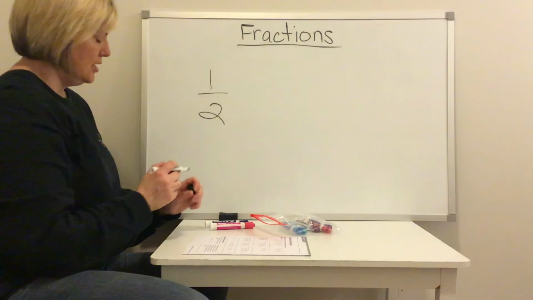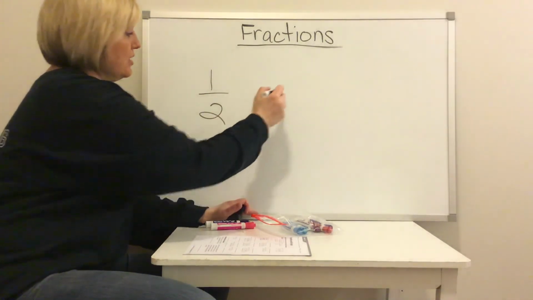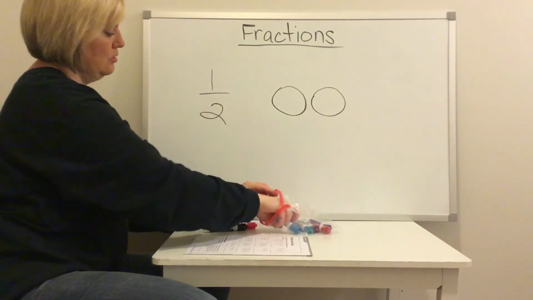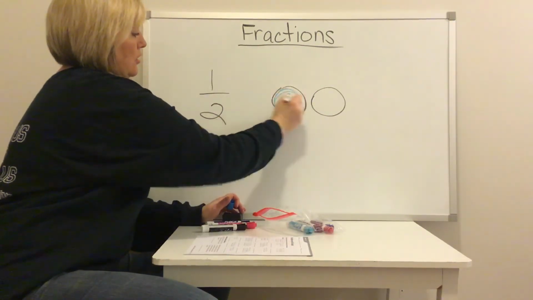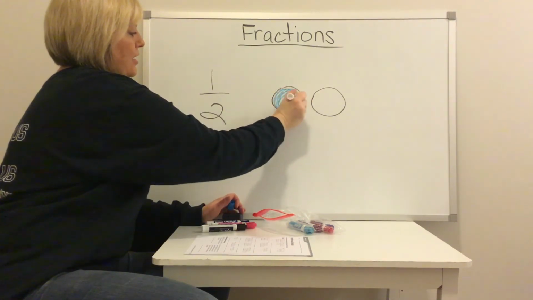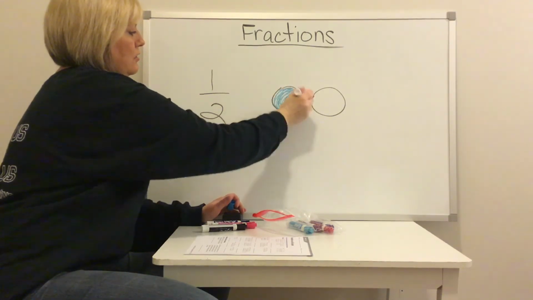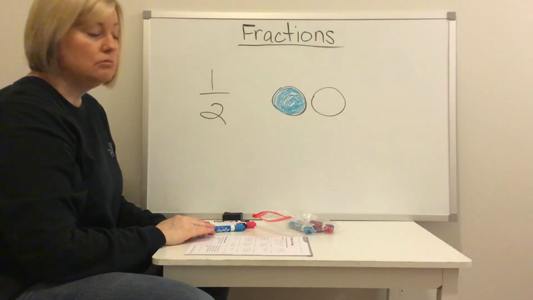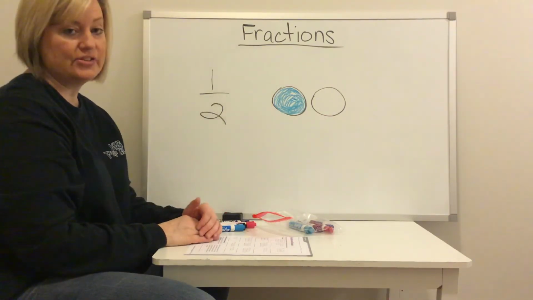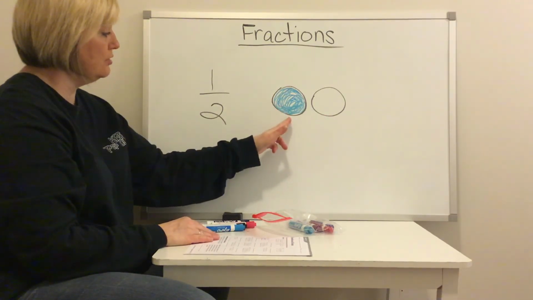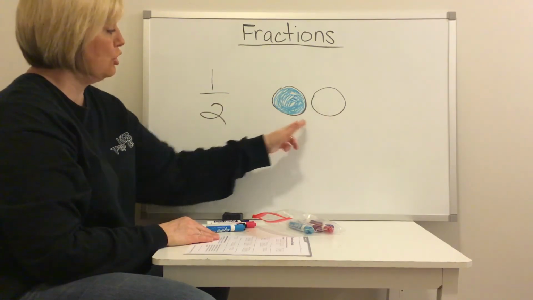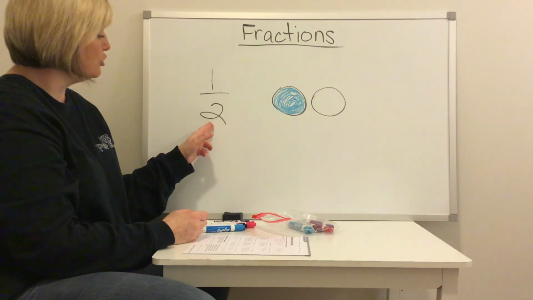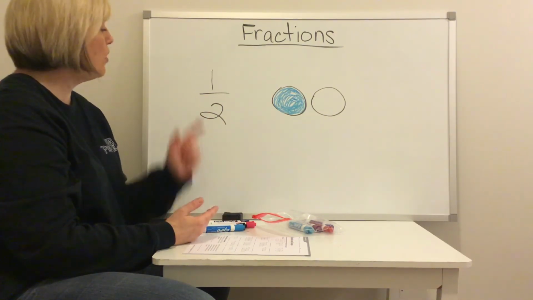If you had a set of 2 total things, let's say 2 circles, and they wanted to know what fraction of the circles are blue. Well, 1/2 of this set is blue. There's 1 that's blue, 2 total, so that's half of the set. So anytime we have a denominator of 2, we read it as half. Okay, 1/2.